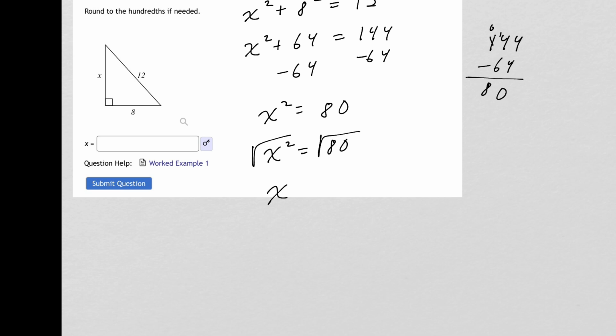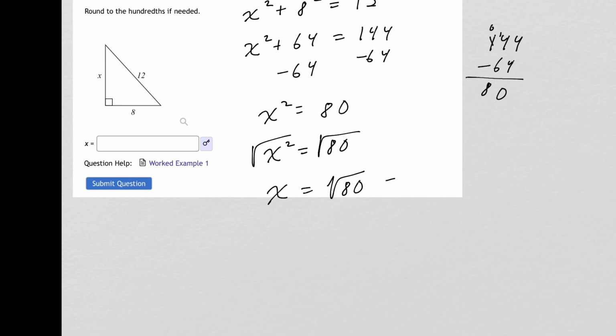So x is equal to, well, the square root of 80 is not a perfect square, right? So I have to estimate this on my calculator. So if I do that, square root of 80, I'm getting 8 point, well, they want us to round to the nearest hundredth, right?